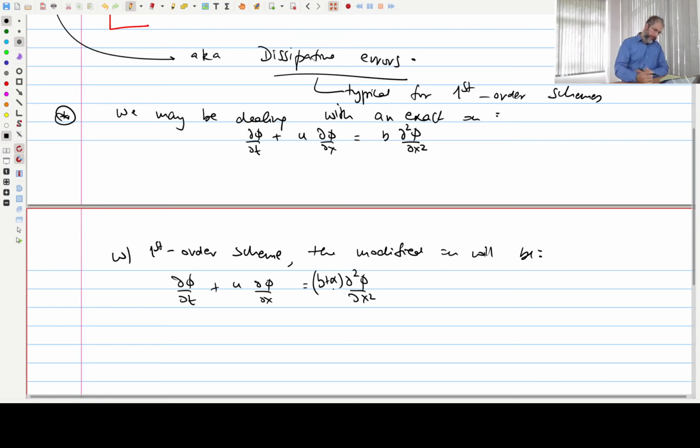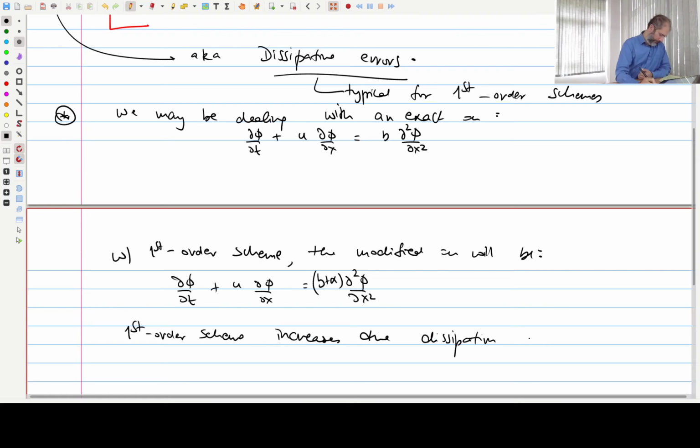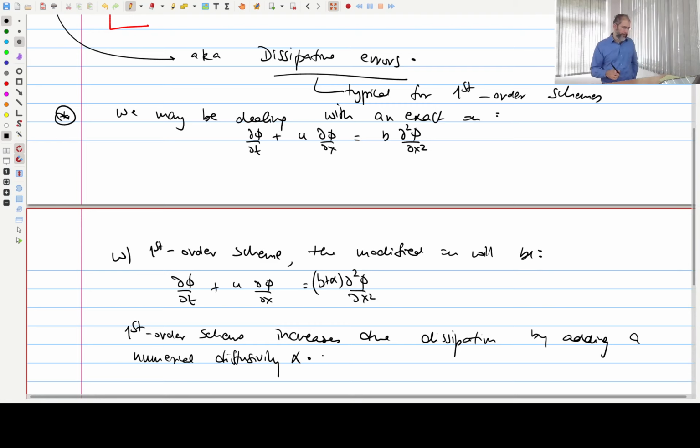So what this is doing is it is increasing the diffusion in the problem, or increasing the dissipation in the problem, by adding a numerical diffusivity alpha.